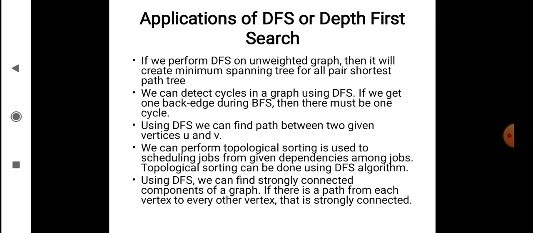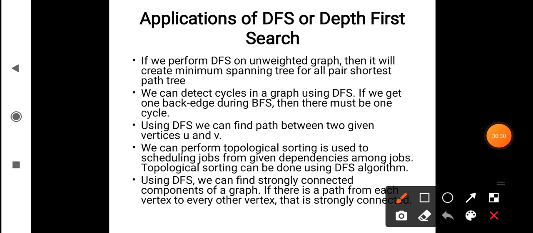So next, applications of DFS. Mainly we perform DFS on an unweighted graph, and it will create a minimum spanning tree. DFS and BFS generate a minimum spanning tree and all pair shortest path tree, and we can detect cycles in DFS.